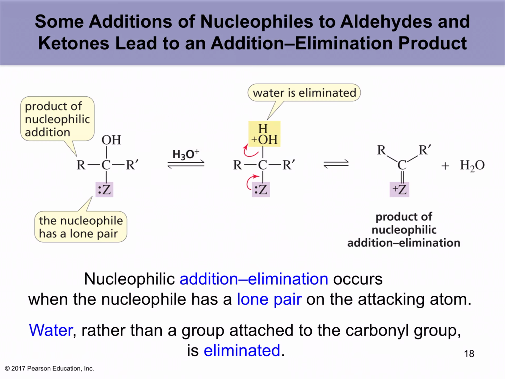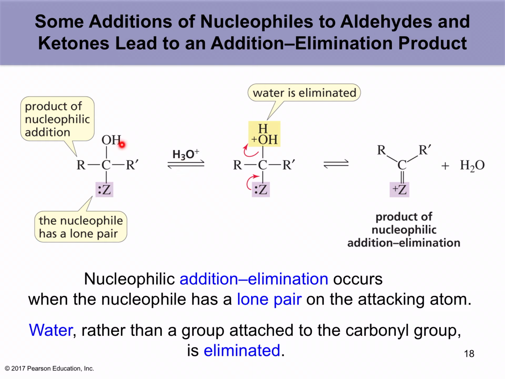So this is the product of the nucleophilic addition, and the nucleophile has a lone pair. The nucleophile could be another alcohol group like OH, and then you put water, or this could be an amine group, nitrogen with a lone pair. You add water, acidic medium, hydronium ion is acidic water.